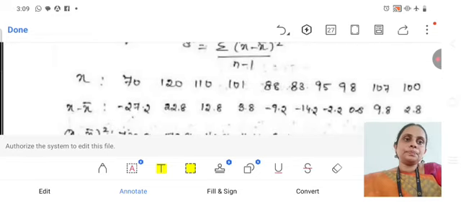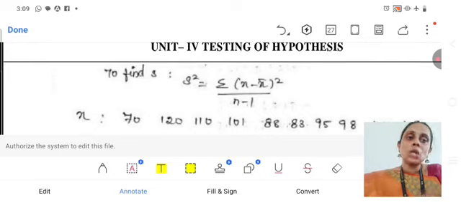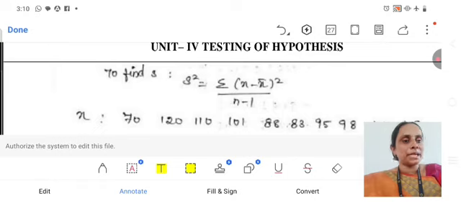Here the standard deviation is not given, so we want to find s. We use the formula s square equals summation of x minus x bar the whole square divided by n minus 1. You know all the values of x and x bar.